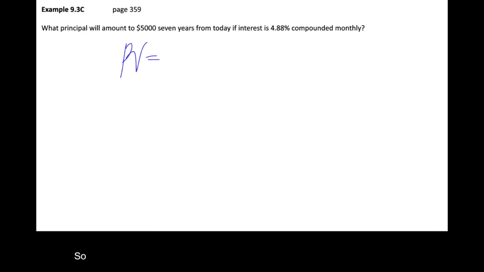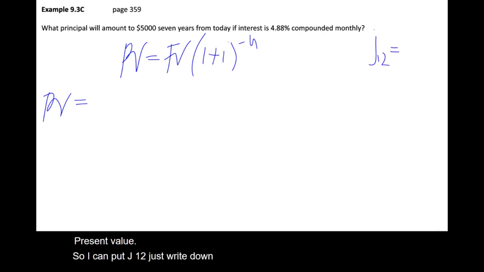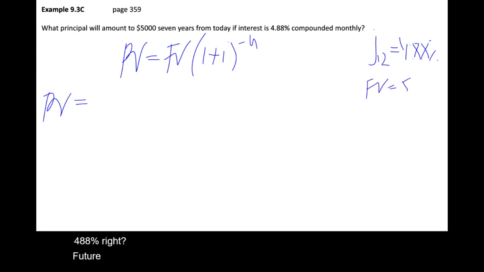So present value is future value times 1 plus i to the exponent negative n. I can put j12, just write down what is given. It helps. Future value is 5,000 and t is 7 years.